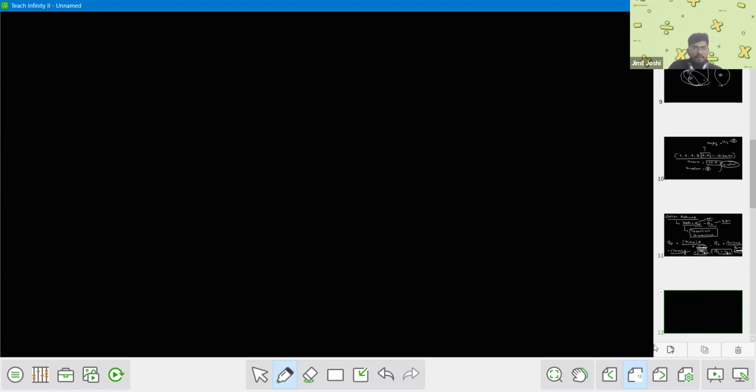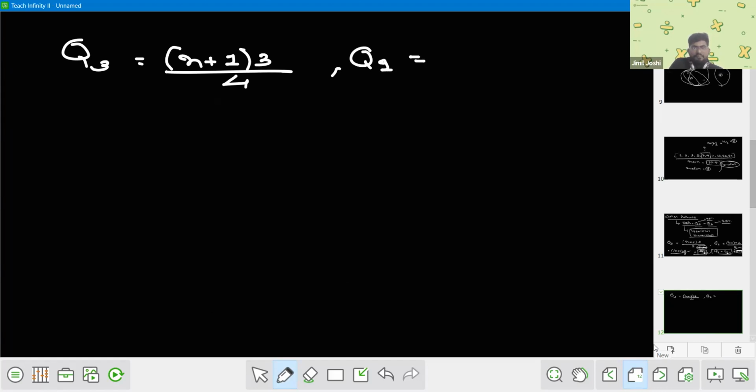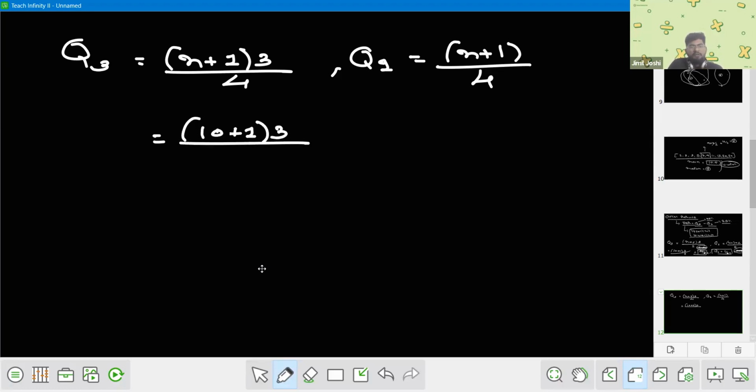Let me write it again. Q3 is N plus 1, into 3, divided by 4. Q1 is N plus 1, into 1, divided by 4. So 10 plus 1 into 3 is 33, divided by 4. Q1 is 10 plus 1, 11, divided by 4.